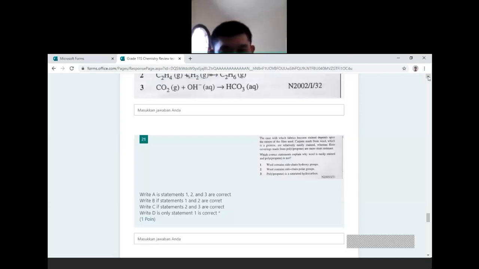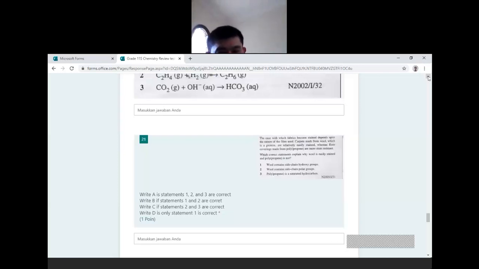And then statement 3, polypropylene is a saturated hydrocarbon. It is a correct statement. Statement 3 is correct, but the statement does not explain why wool is easily stained. When you make a statement, make sure your statement answers the question.